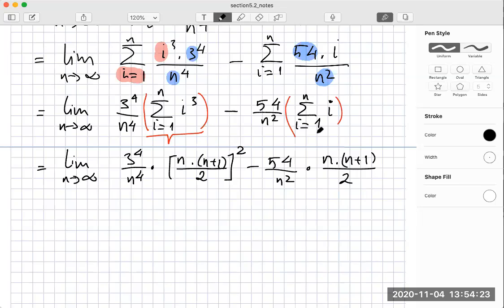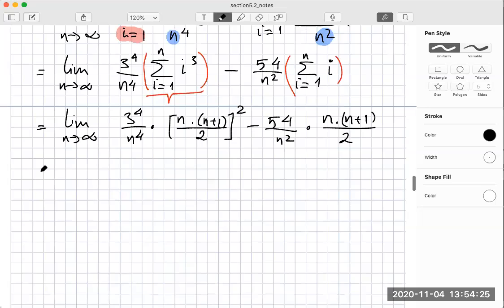Good job. Now, let us play with this a little bit. 3 to the 4th, we just rewrite it. N to the 4th here. And the power rules for this fraction, what do we have? Very good. And?